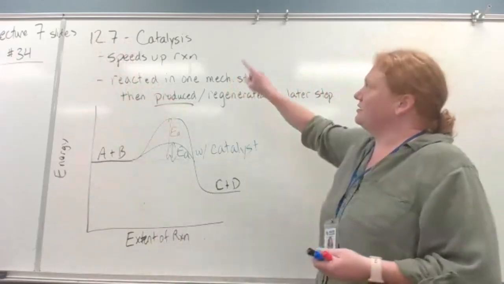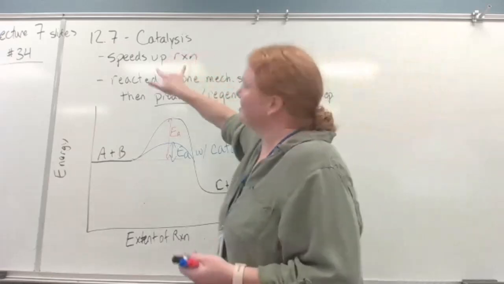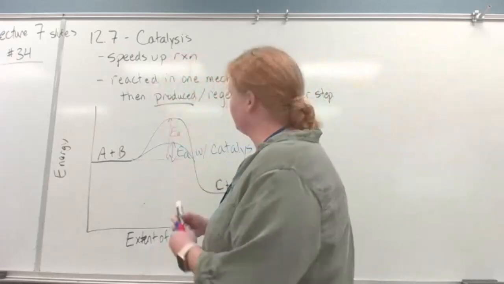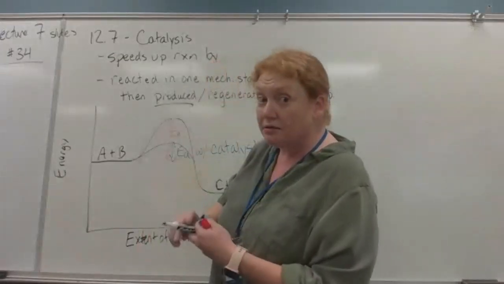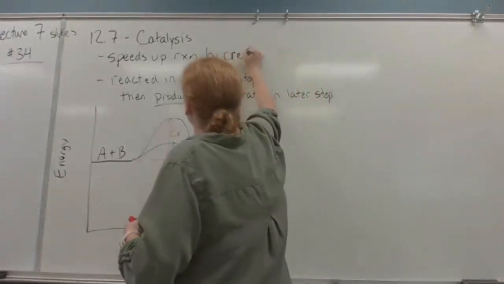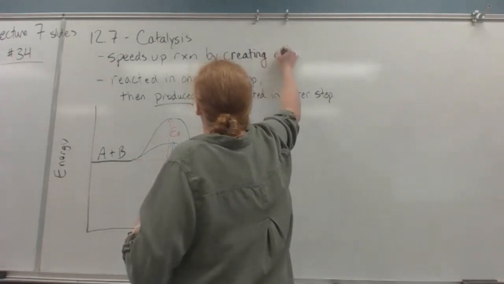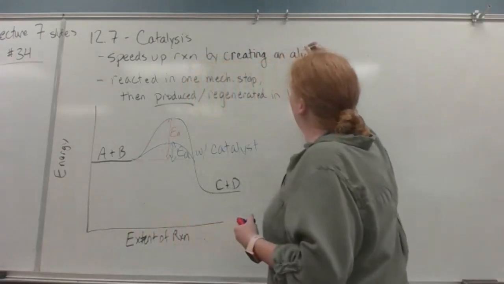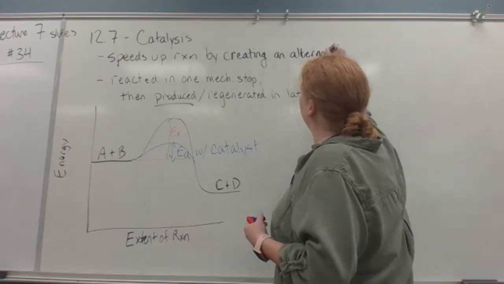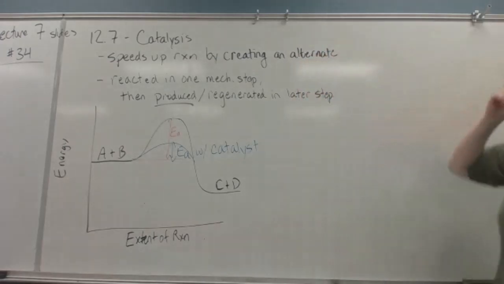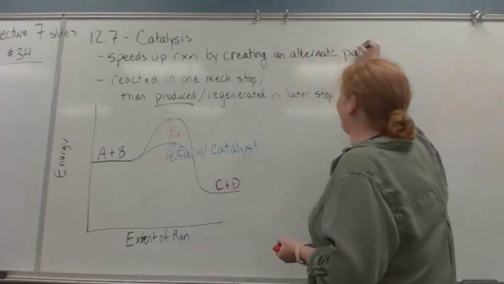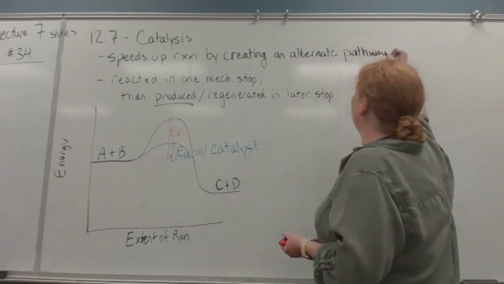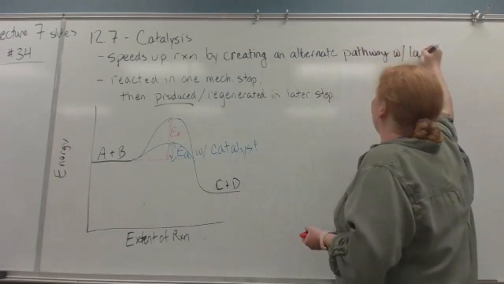Okay, so again, let's think. What's the phrasing? How does a catalyst speed up a reaction? Let's use this phrasing. By creating a what? An alternate pathway with a lower what?